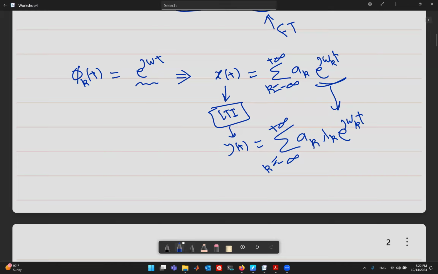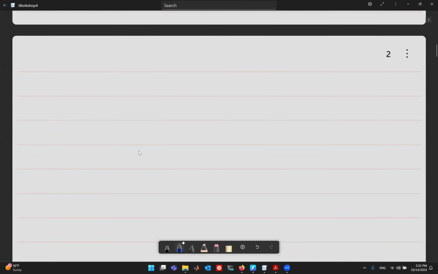Let's first review the period of a signal again before we continue, because you will use this also in the Fourier series when you try to find the coefficients.